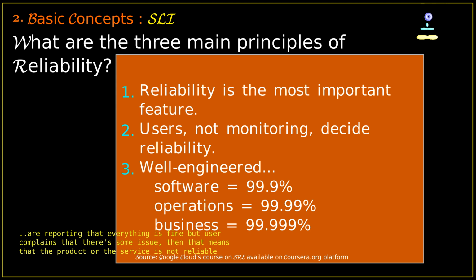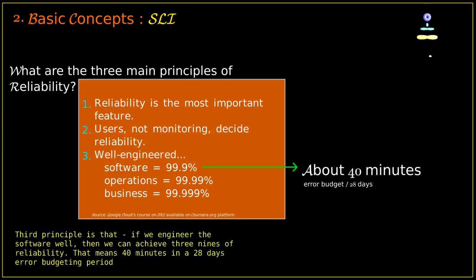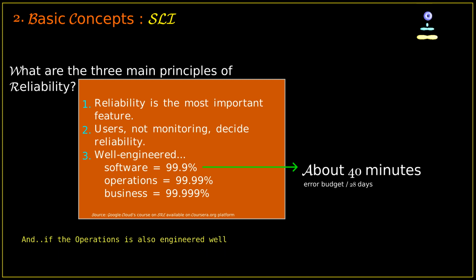Third principle is that if we engineer the software well, then we can achieve 3 nines of reliability. That means 40 minutes in a 28 days error budgeting period.